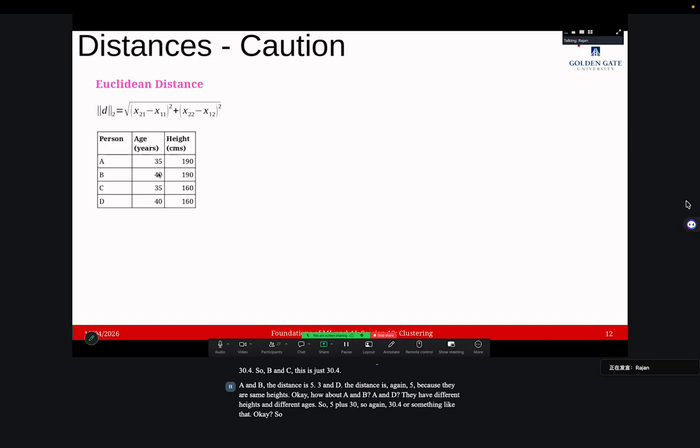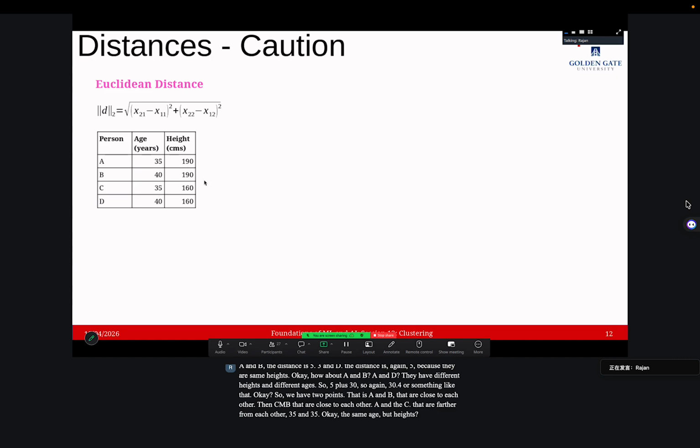So we have 2 points, A and B, that are close to each other, then C and D that are close to each other. A and C are farther from each other because 35 and 35, they are the same age, but the heights differ by 30, 900. Likewise B and D, 40, 40, 190, 160.